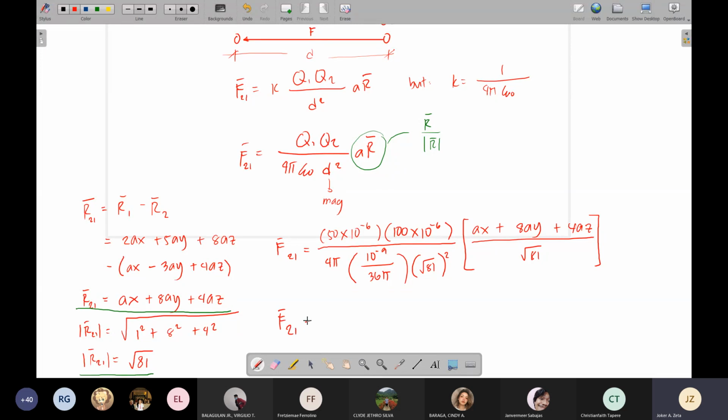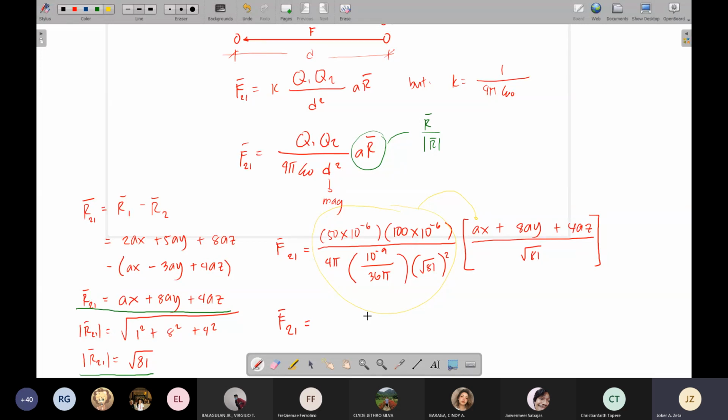The force from 2 to 1 would be. Now, you cannot compute this directly because of ax, ay, and az, since the calculator has no ax, ay, and az. So what you are going to do is solve the magnitude part first. Then you multiply here, then divide here. Solve for ax first: magnitude times 1 divided by the square root of 81.